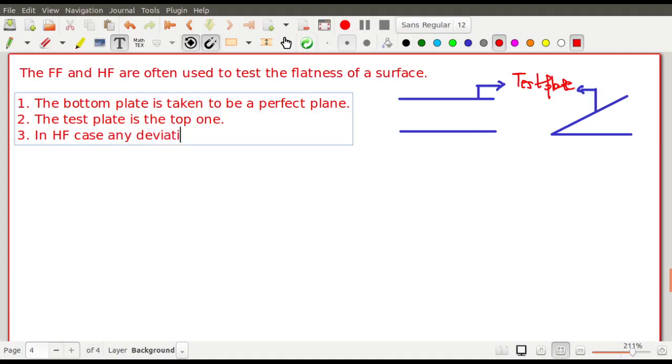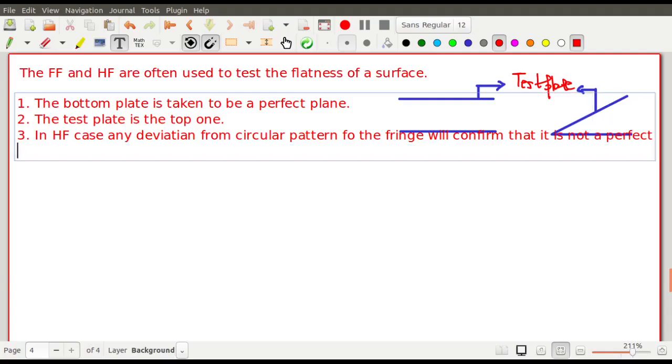Any deviation from the circular pattern of the fringes will confirm that it is not a perfect plane, it is not perfectly flat.